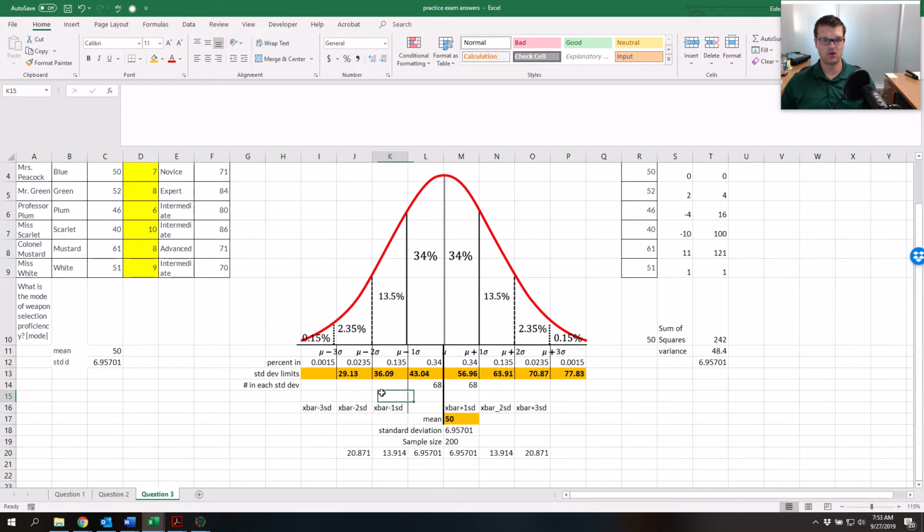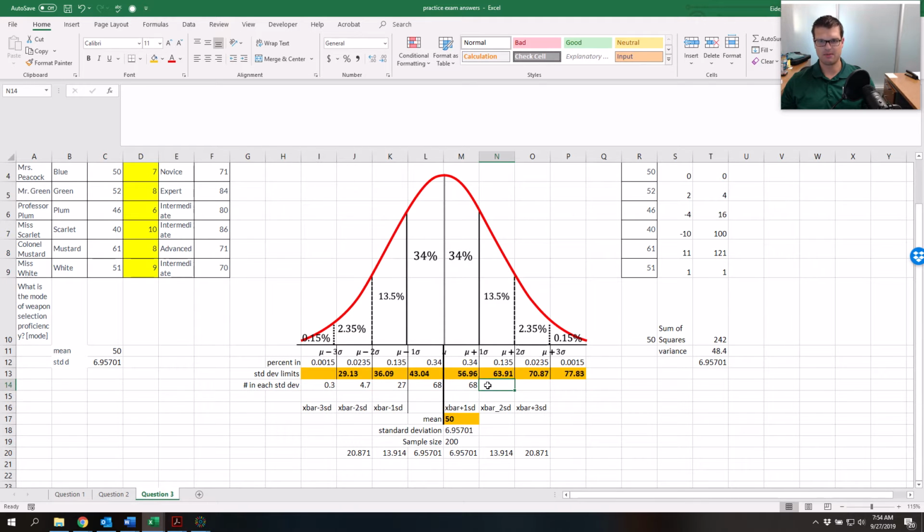And then right here, you're going to have 0.135 multiplied by the sample size. And then this one, yep, you guessed it, equals 0.0235 multiplied by the sample size. And then this one equals 0.0015 multiplied by the sample size.